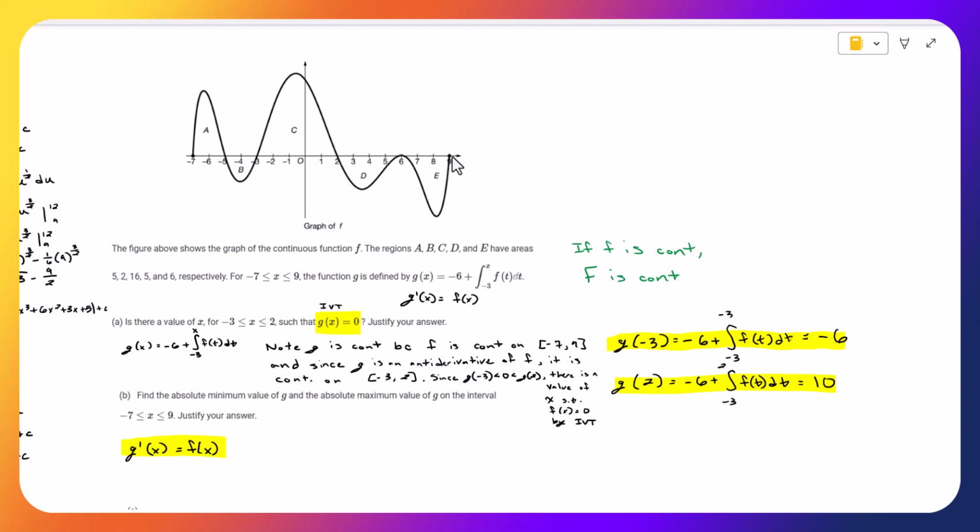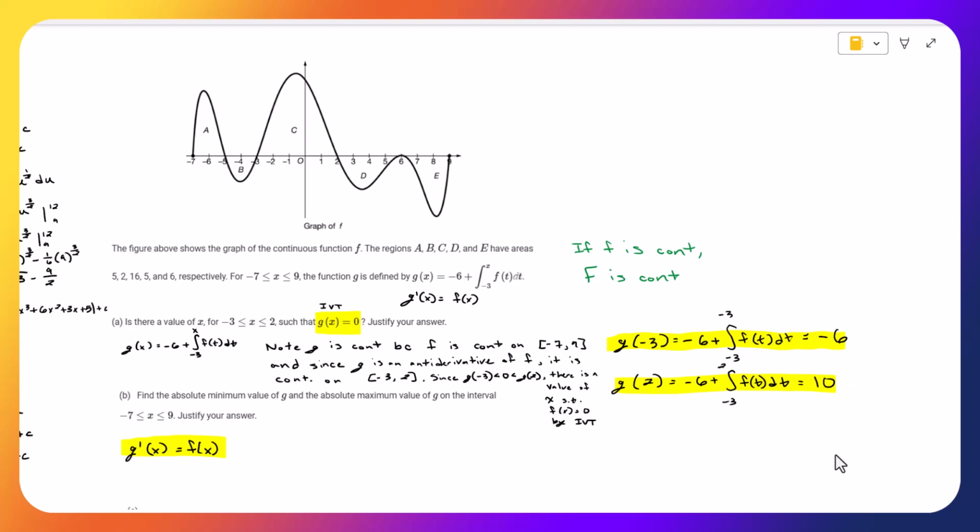Minimums and maximums happen where our derivative is 0 or undefined, and we're switching signs. So where is g prime of x equal to 0? Well, where does f of x equal 0? That's going to be at -7, -5, -3, 2, 6, and 9.